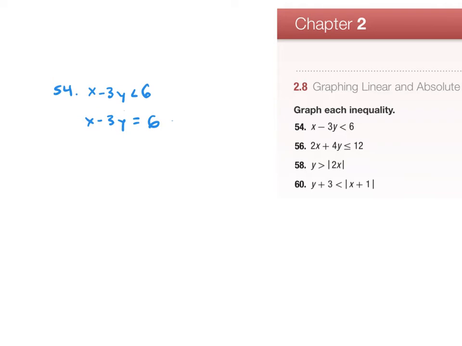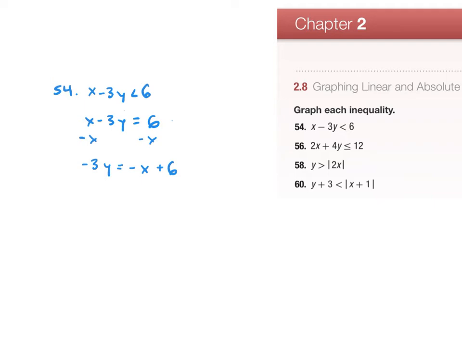So what can we do to get this to be y equals? Subtract x. So we have negative 3y is equal to negative x plus 6. I always put my x right next to the equal sign. That way it's in that same y is equal to mx plus b.